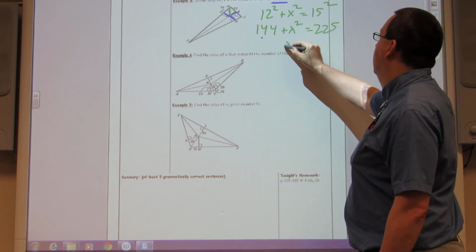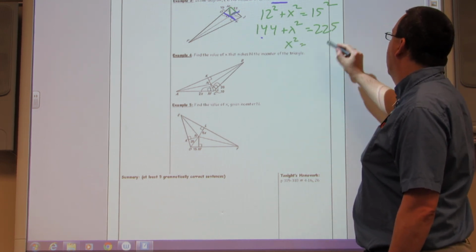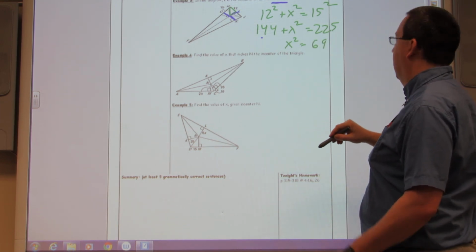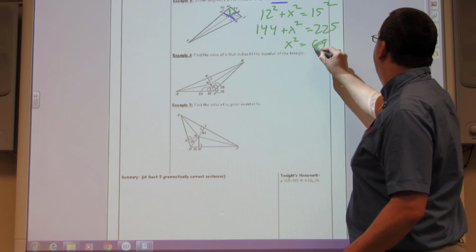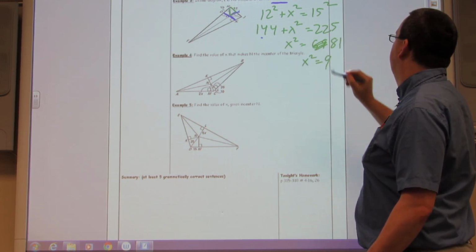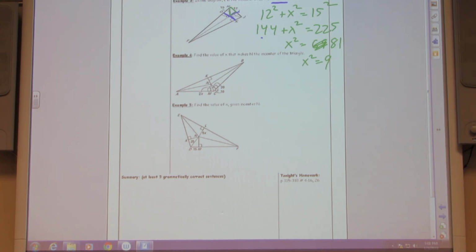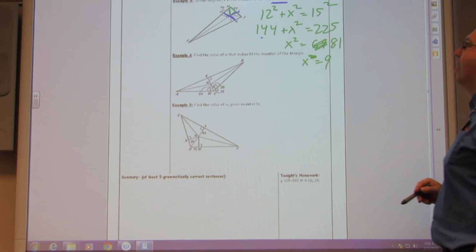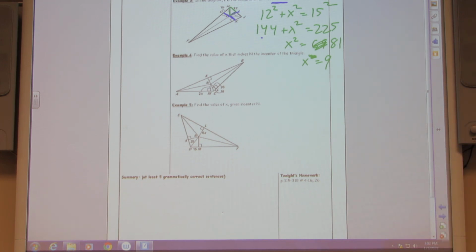Subtract the 144. Right? 81. All right, take the square root of the x squared. X is equal to 9.